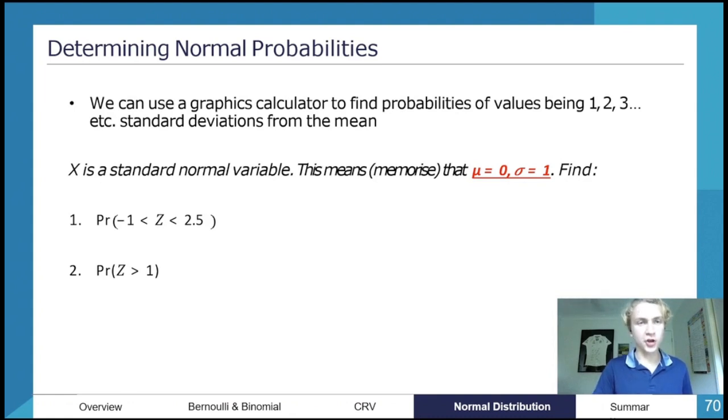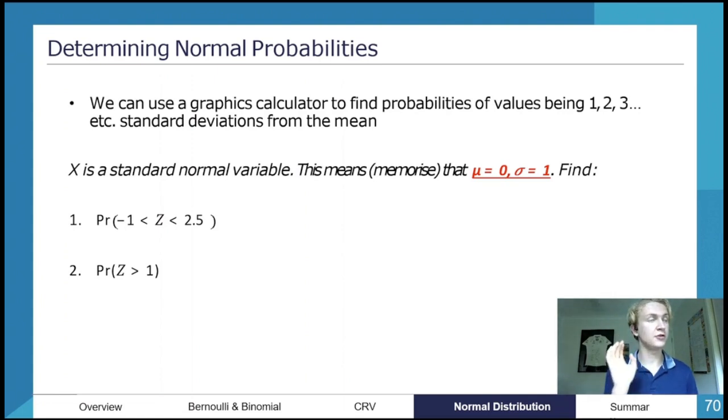Okay, determining normal probability. We can use a graphics calculator, as I said before, to find probabilities of it being 1, 2, 3 standard deviations from the mean. So z is a standard normal variable. And if we're talking about a standard normal variable, that means, and you've got to memorize this, that the mean equals 0 and the standard deviation equals 1.